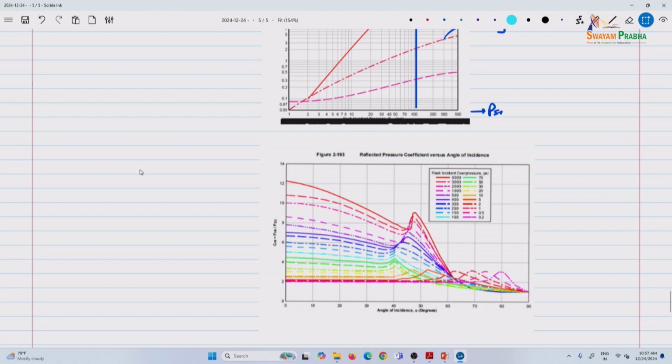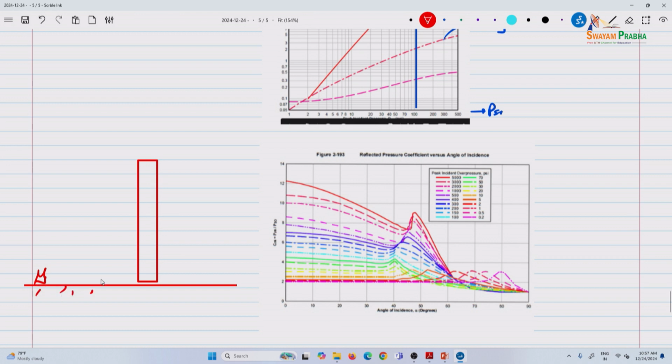So, the other thing also we talked about was the structure, and you have your explosive, and here you have R, and then you have at this point, for example, you have pressures. So, this is, let us say, P1 and this is P2. This is reflected, and this is your angle of incidence alpha, let us say.